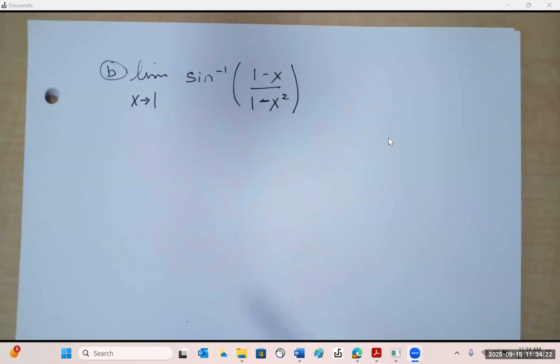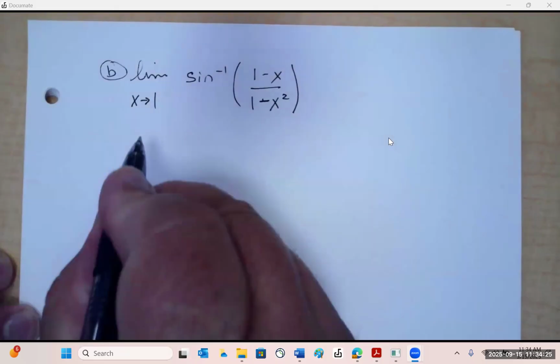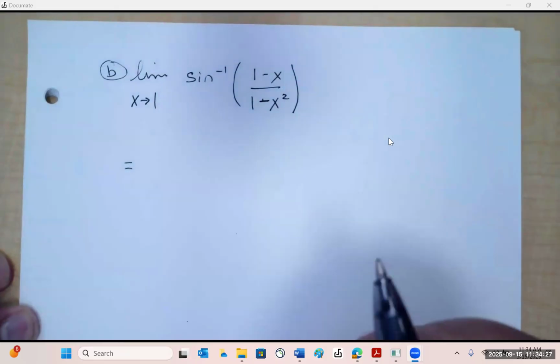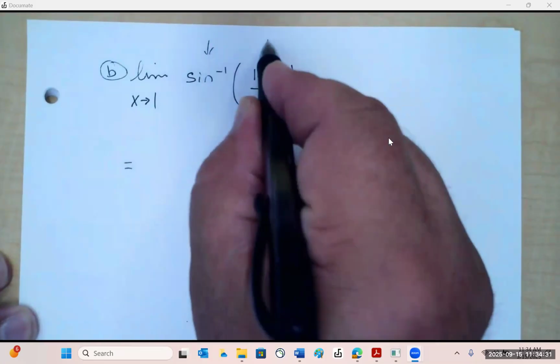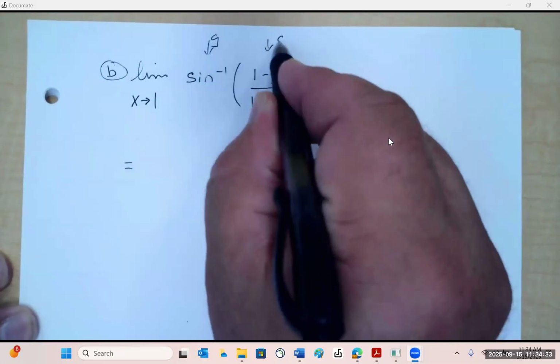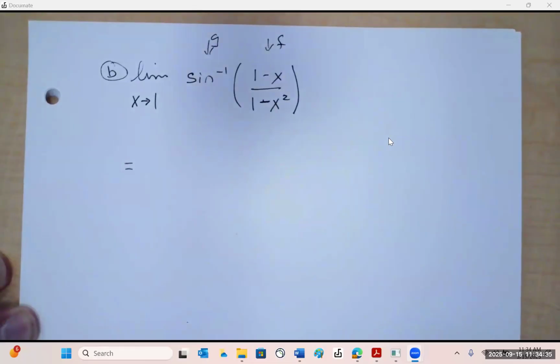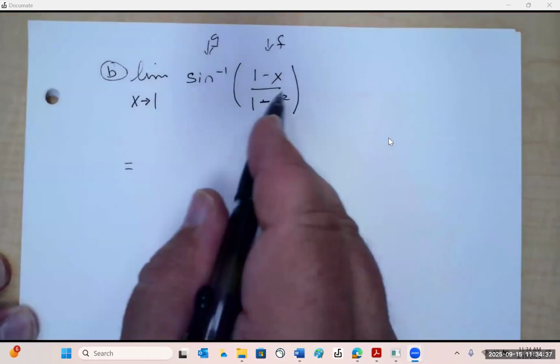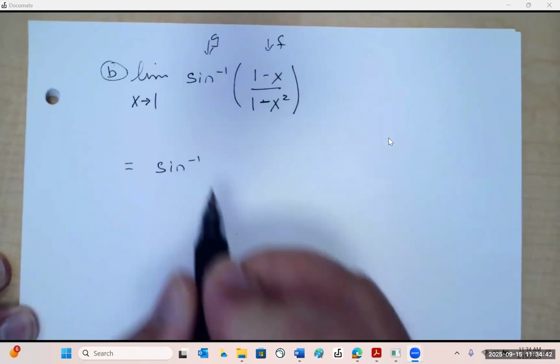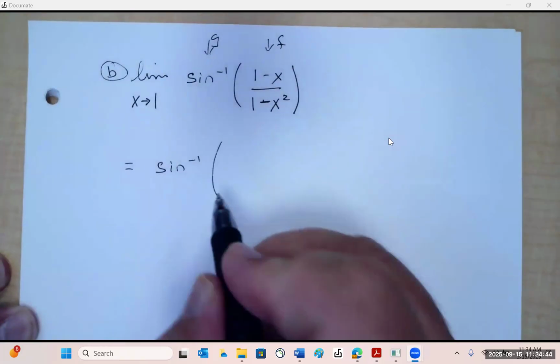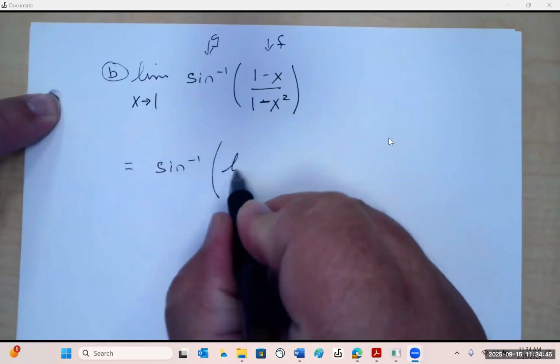Okay, let's look at this. What's my first step? Okay, the outside is g of x, the inside is f of x. So since it's a composite function, we take the outside function, and now we take the limit of what's on the inside.